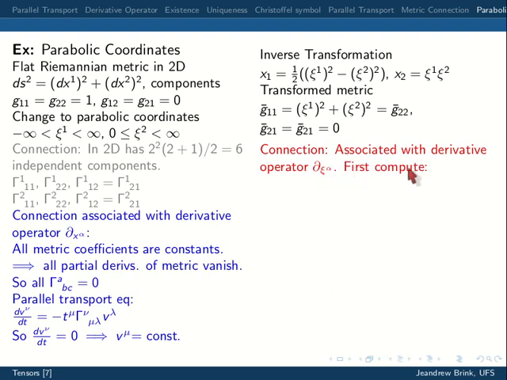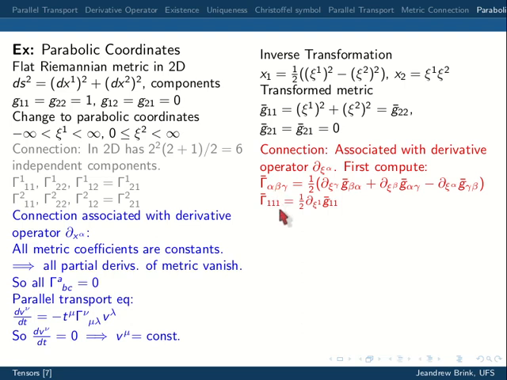Okay, and so what we're first going to do is compute this connection. The way I like to do it is I compute all the lower indexes like that, and then right at the end I simply contract this first index with a metric to raise it. So I basically want to compute all these combinations to actually get these coefficients.